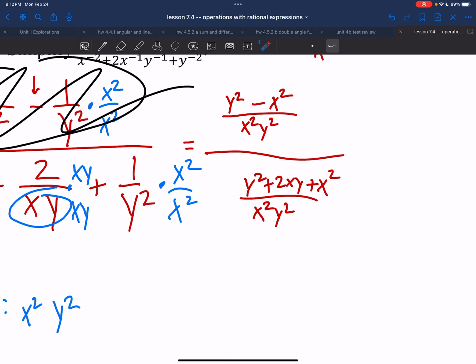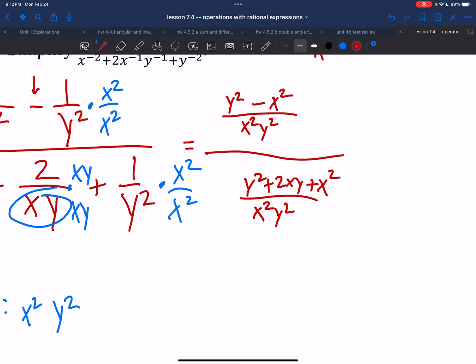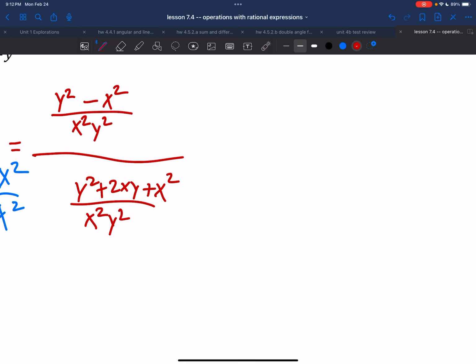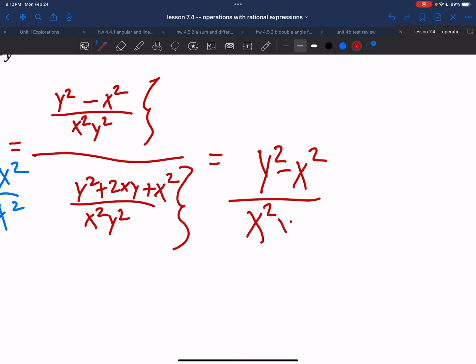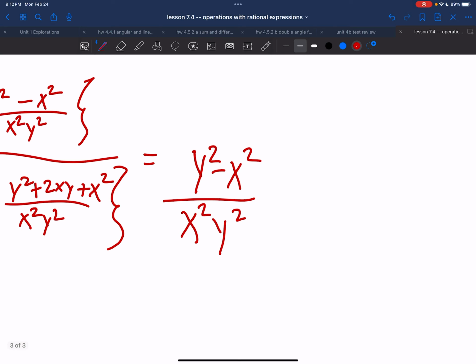Okay. I don't need that x out anymore. So now that I have a single fraction here and a single fraction here, fraction divided by fraction, keep, change, flip. So the first fraction, keep, and then change to multiplication, and then flip the fraction.